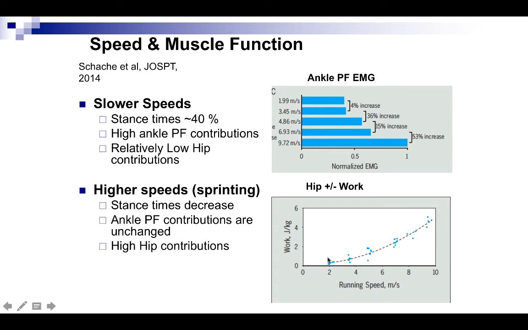If we tally the positive and negative work at the different speeds, we see a logarithmic increase in the work done at the hip at faster speeds, meaning that as we get faster and faster, we're more likely to load and have high demands at the hip, in addition to the ankle plantar flexion group.